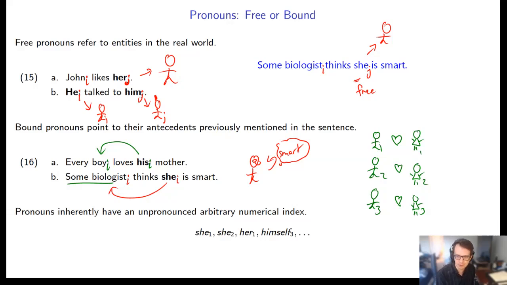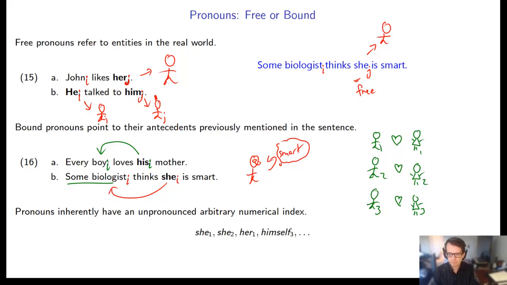So the antecedent of she in 16b is some biologist. The antecedent of his in 16a is every boy. So every boy gives meaning to his mother, or to his. Some biologist is giving meaning to she. So some biologist is the antecedent.